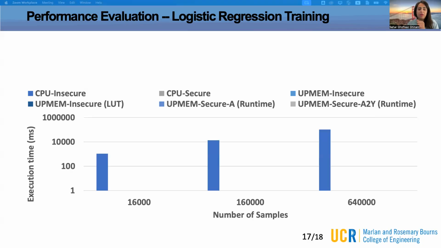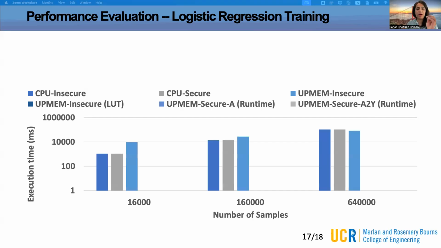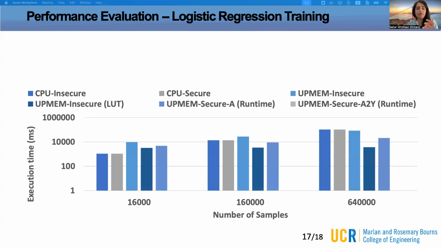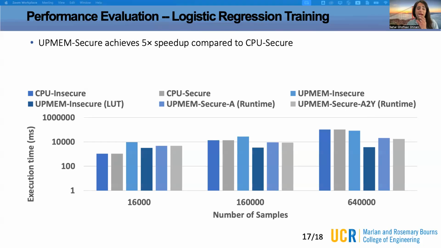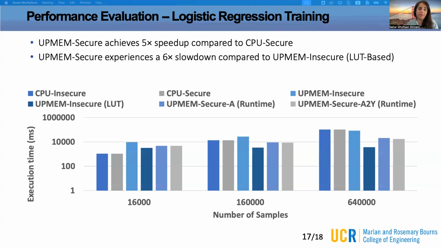Okay, so now, as you can see, we are getting the same pattern for the execution time. And by performing nonlinear functions on the PIM, closer to the data, inside the PIM, we are definitely getting better execution time, as you can see here. And overall, UPMEM Secure achieves 5 times speedup compared to CPU Secure.